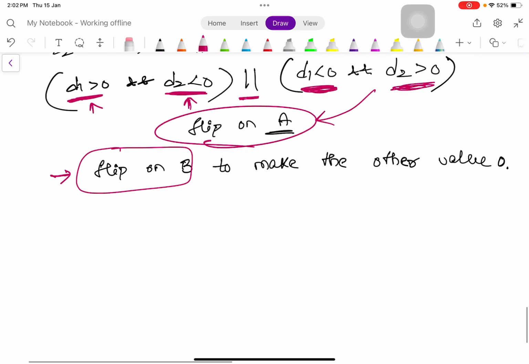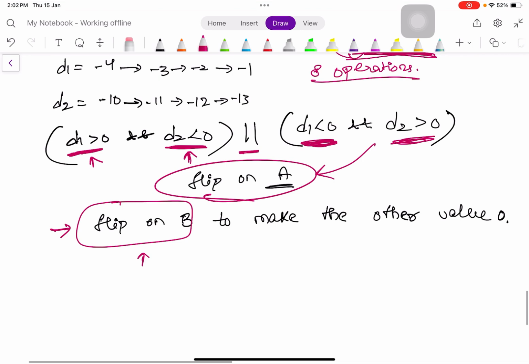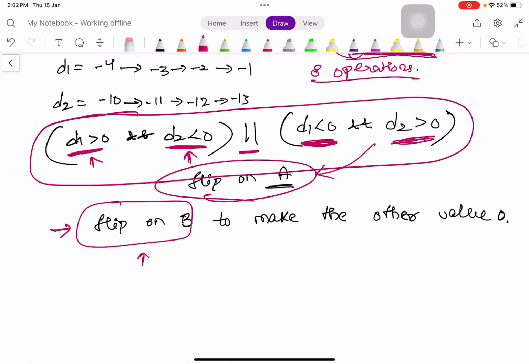Now when should we perform only flip on B operation? Whenever this condition is false. For example, if D1 is 0, D2 is 10. In this case, this condition will fail. We'll only perform type 1 operation on string B, right?